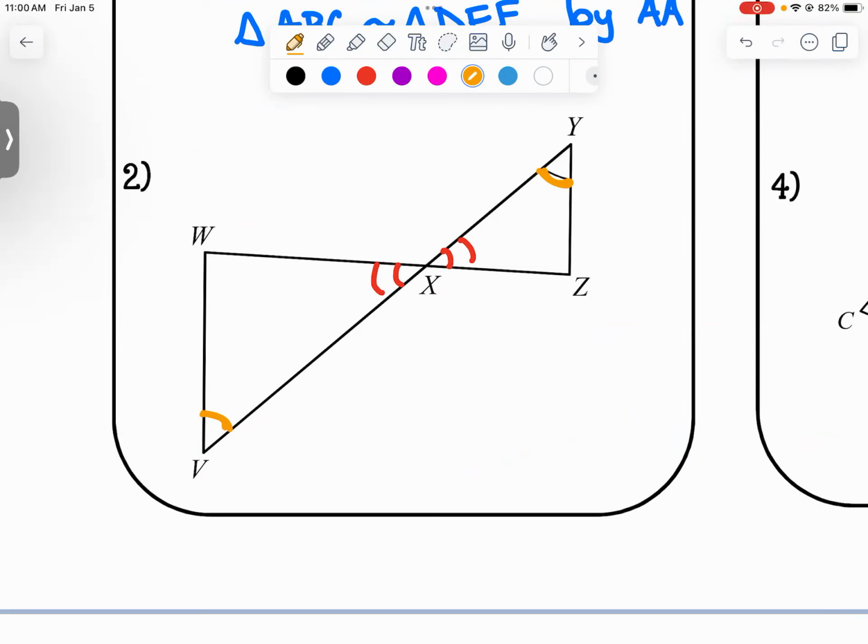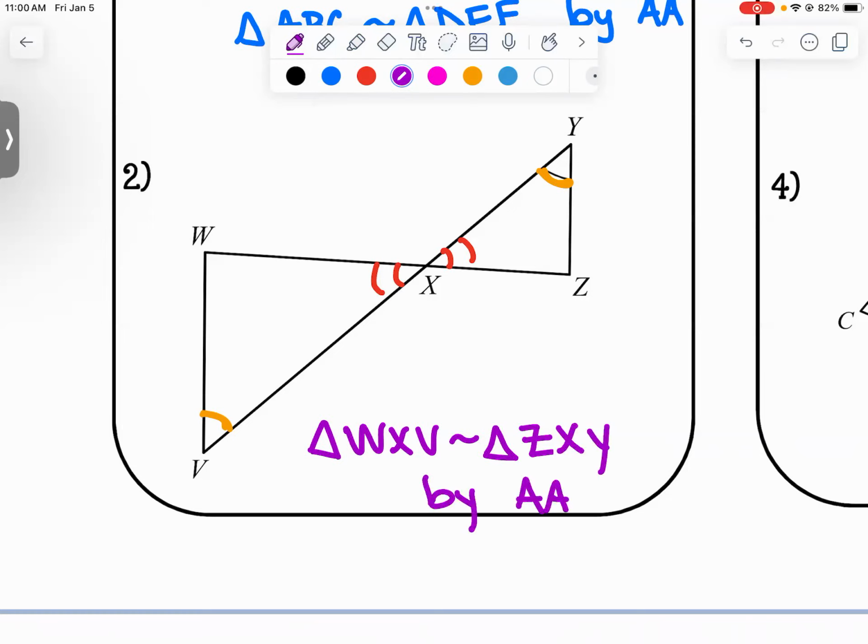So as long as we have two pairs of angles that are congruent, we can say, okay, triangle WXV is similar to triangle, what corresponds with W? So ZXY by angle.